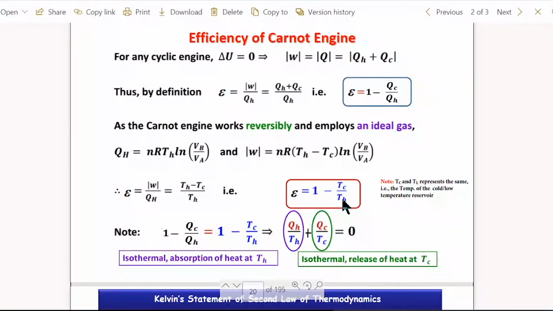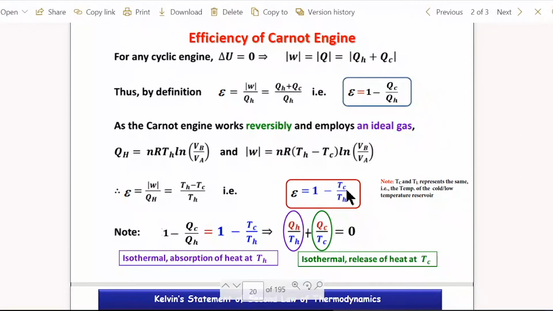That means the temperature is rejected at the same temperature, or we can say there is no heat rejection because the temperature is maintained at Th all throughout, then the system is not possible to exist.